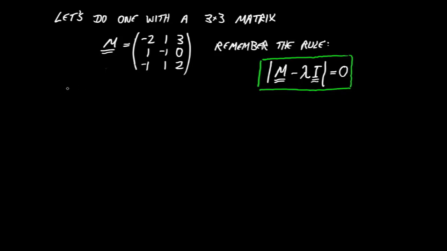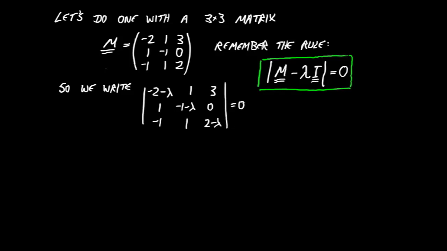So let's go ahead and write our determinant out. We need to have minus 2 minus lambda, and then just 1 and minus 1, and then 1, minus 1 minus lambda, and then 1, and 3, 0, 2 minus lambda. I'm just subtracting lambdas down the diagonal, making it a determinant, setting it equal to 0.